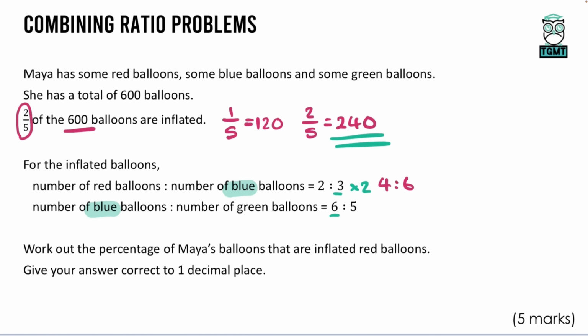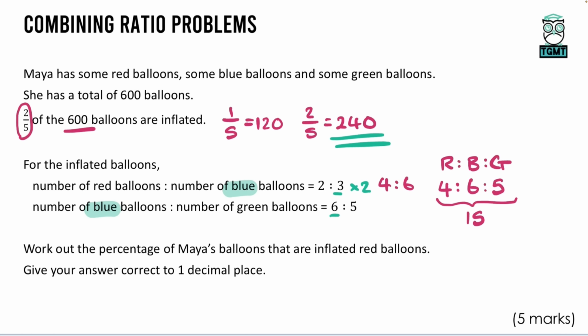And now we have the same number representing blue. So as a 3-part ratio, red, blue and green, we have 4 representing red, which we've just changed, 6 representing blue, which is now the same in both, and 5 representing green. So for these inflated balloons, we know that they are in the ratio 4, 6, 5, which is a total of 15. So we can find out how many of each colour there are.